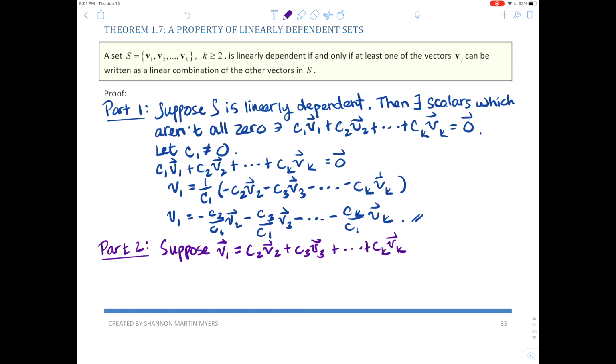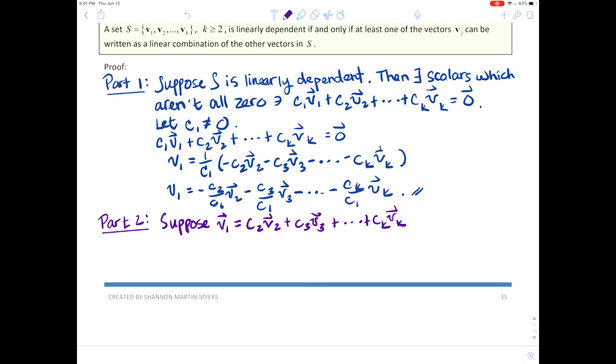Cool, cool? All right, well, if I get V1 on the other side, right? So basically subtracting V1 from both sides, what's going to happen? Beautiful. I'll get the 0 vector. Actually, I should say adding the negative.